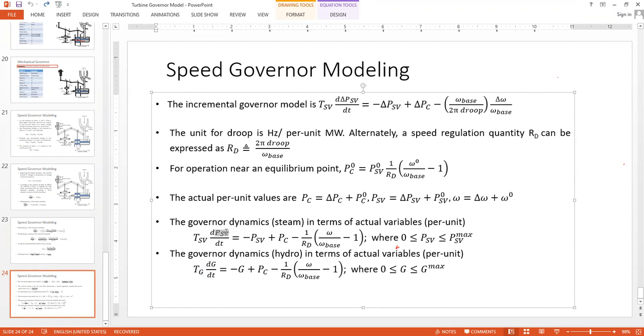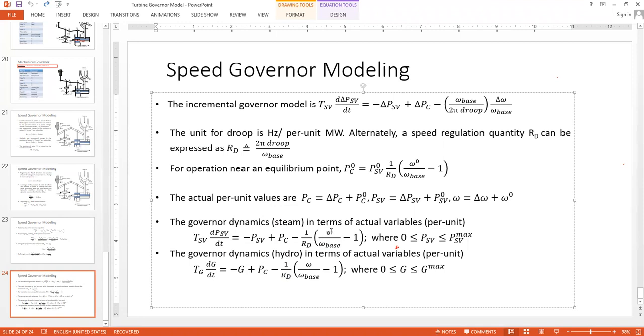PSV is for steam turbine, that is the steam valve position or steam valve power. The corresponding gate valve position for hydro turbine will be G. So simply you see we are getting some form dG over dt. Again, PSV is the steam valve position or steam valve power. G is the gate valve position for hydro turbine. PC is the commanded power. It is fine, no problem. RD is the corresponding droop. It is also fine. Omega by omega base.